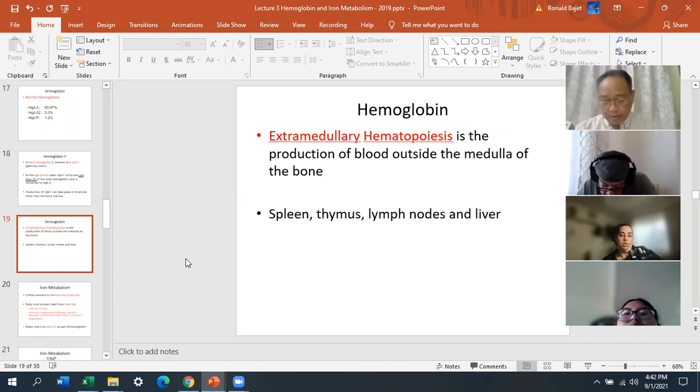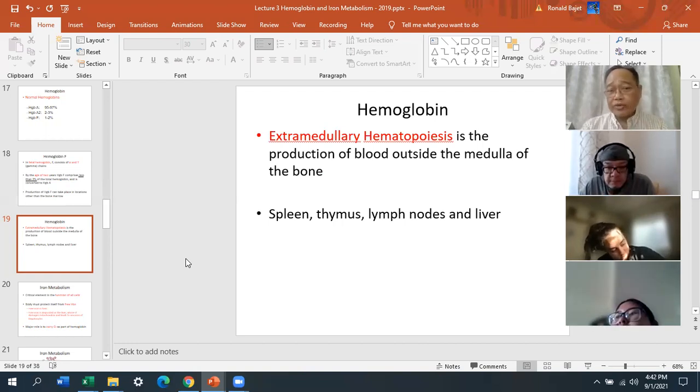Extramedullary hematopoiesis. Let's take a look at extramedullary. Extra means outside. For example, if you have a line that goes up at 45 degrees and then it tapers off, then the area that continues on at 45 degrees is called extralinear.